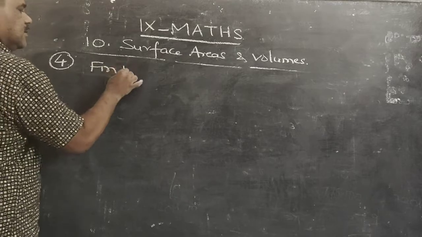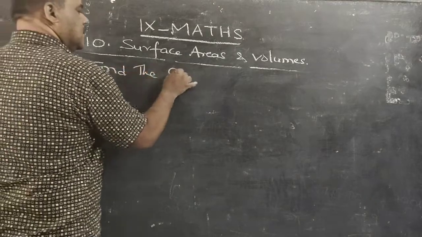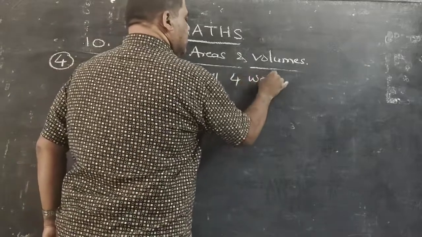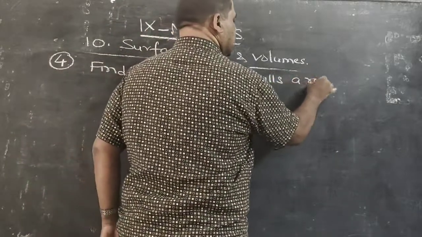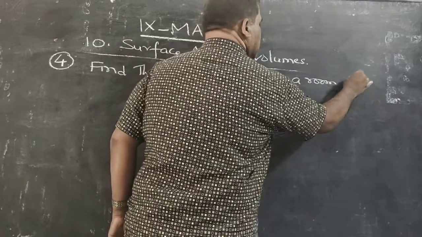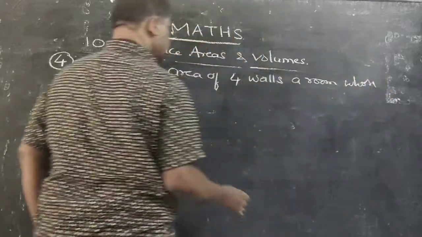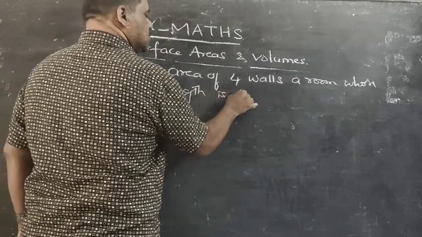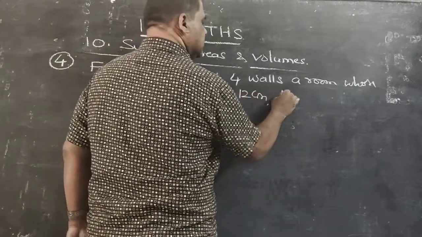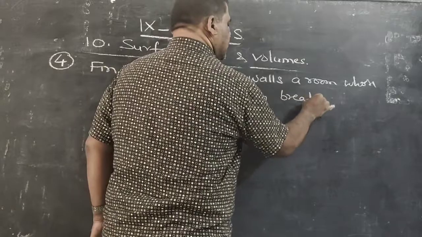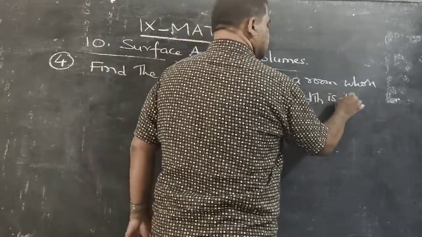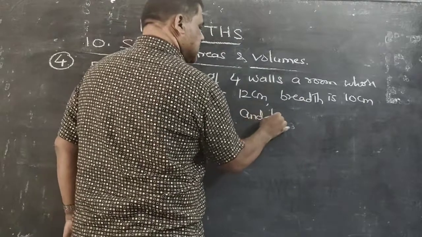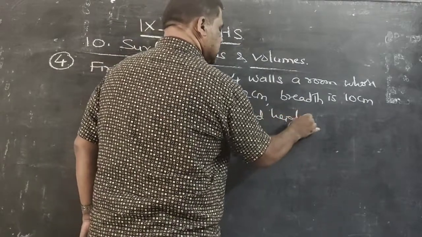In this you substitute L value, B value, then you will get H value. Find the area of 4 walls of a room whose length is 12 centimeters, breadth is 10 centimeters, and height is 7.5 centimeters.